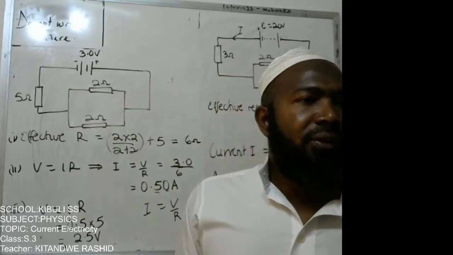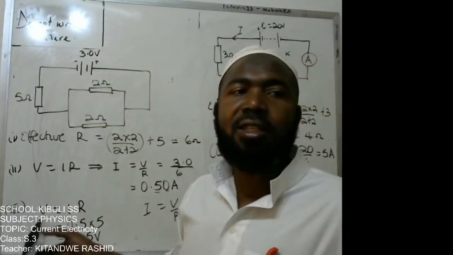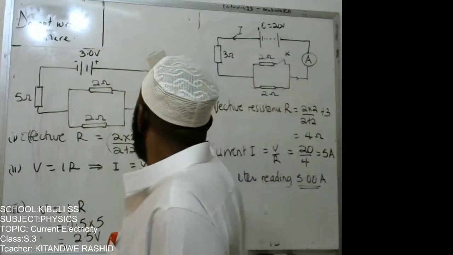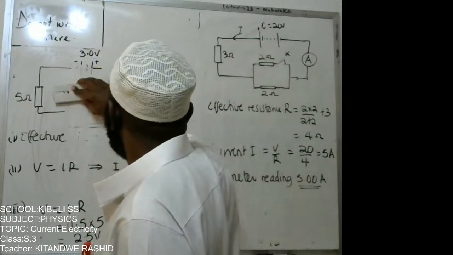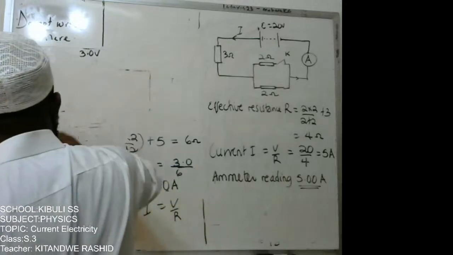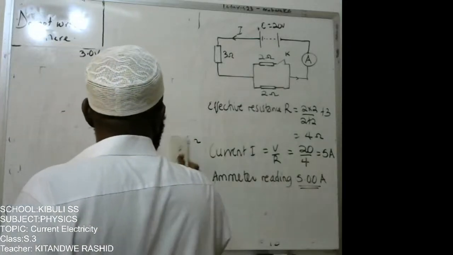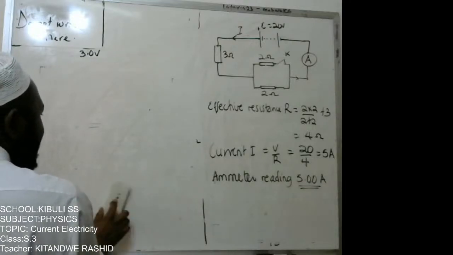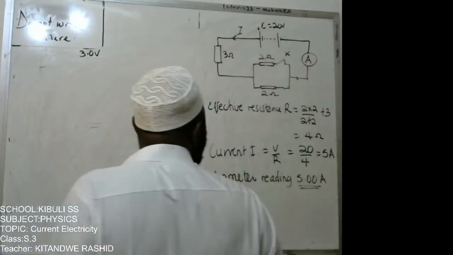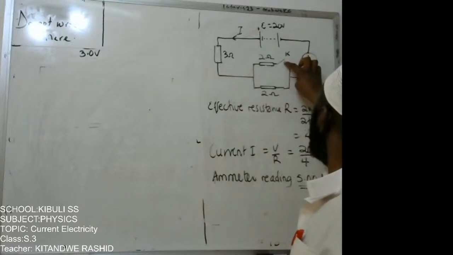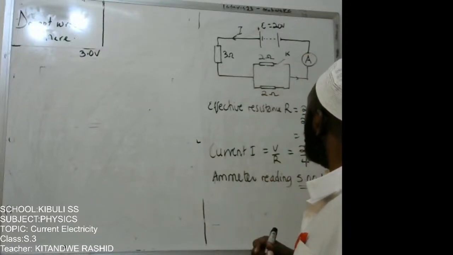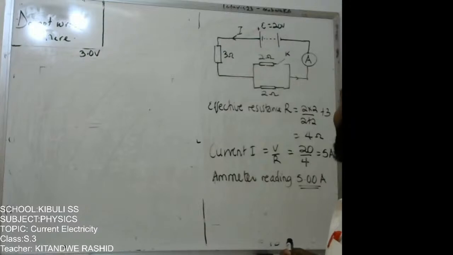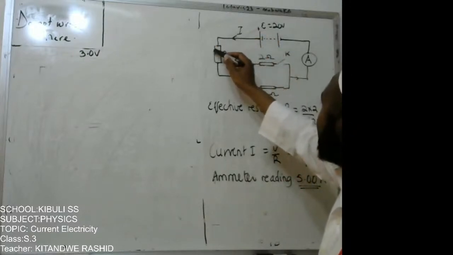Then Roman 2, when K is open. When K is open, you need to be careful. When K is open, it will mean that current is going to flow like this.